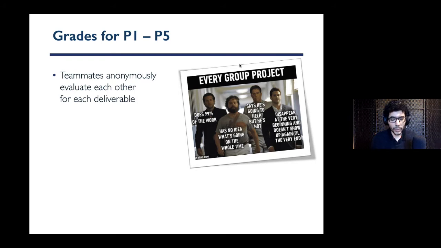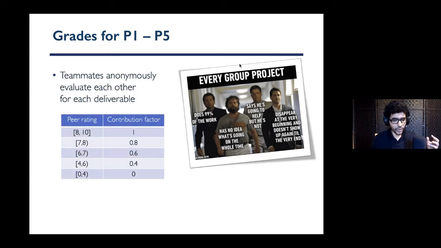So for every deliverable, after you submit, you're also going to submit a rating of your teammates with some comments. The exact format will be determined, but you're going to give us some feedback and rate all your teammates. Then we're going to average all the ratings for each member of the group.